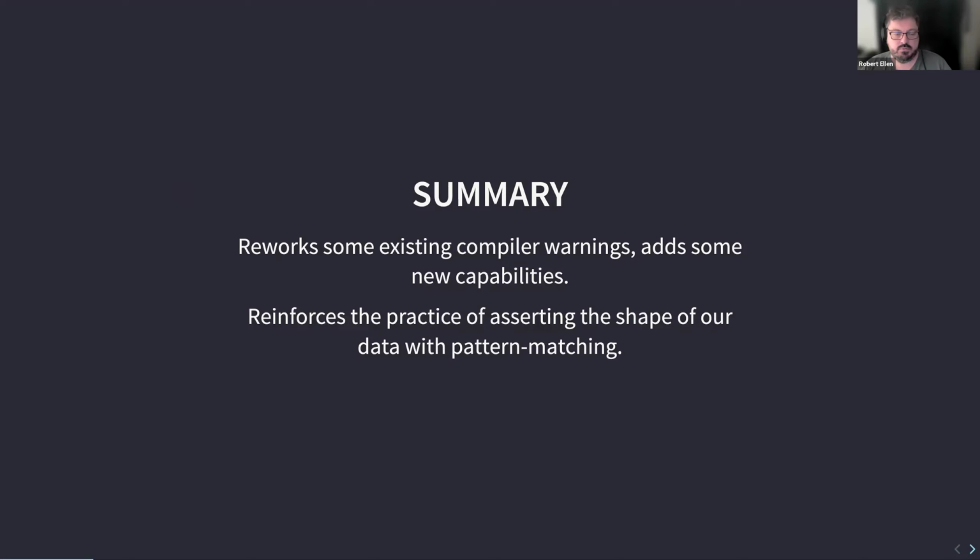That's the real power or benefit that it brings. I'll explain what I mean by this, but that practice is only going to be helped more by the type system as it evolves and grows.